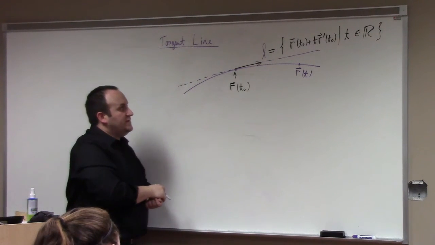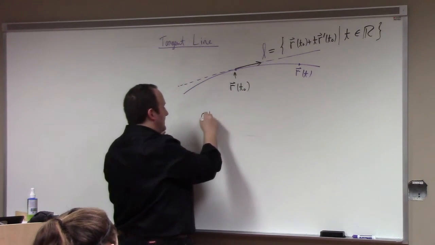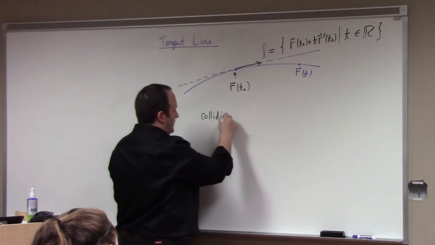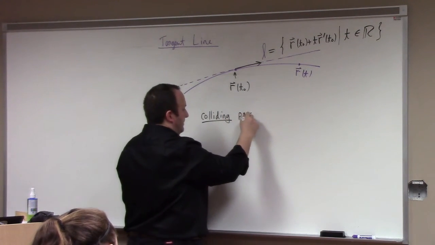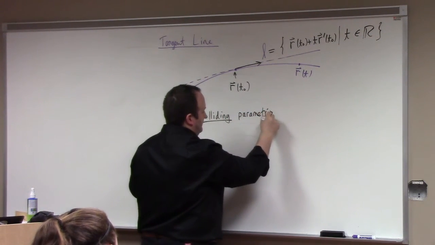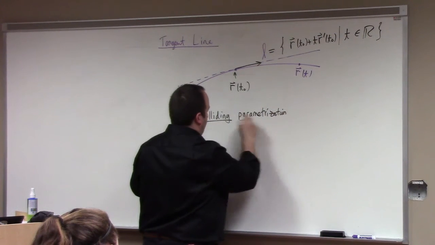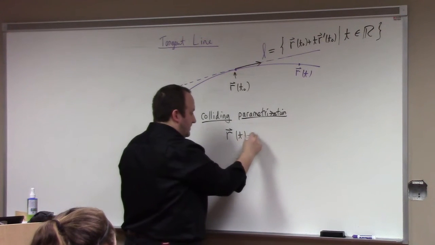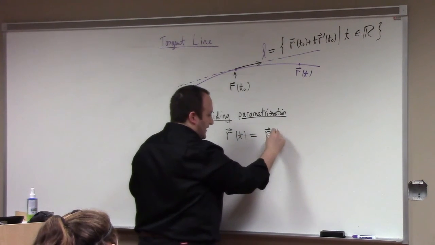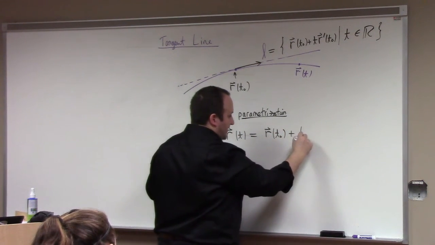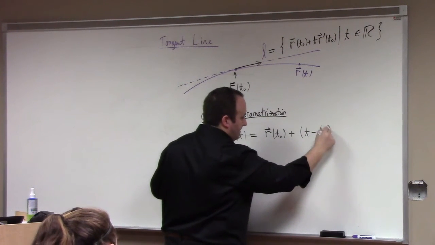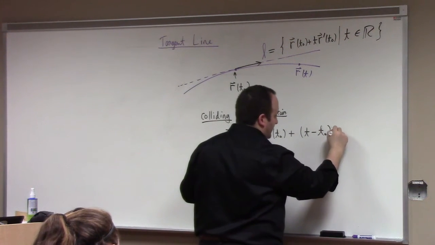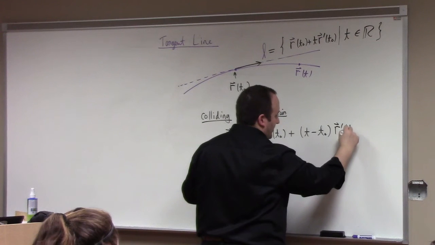Now, the parameterization of the tangent line, if I want a colliding, the so-called colliding parameterization, then what I would use is r of t naught plus parentheses t minus t naught times r prime of t naught.